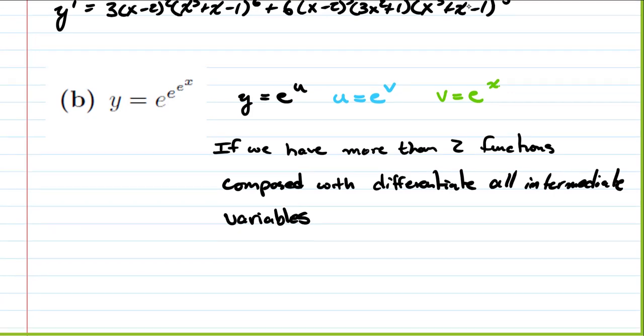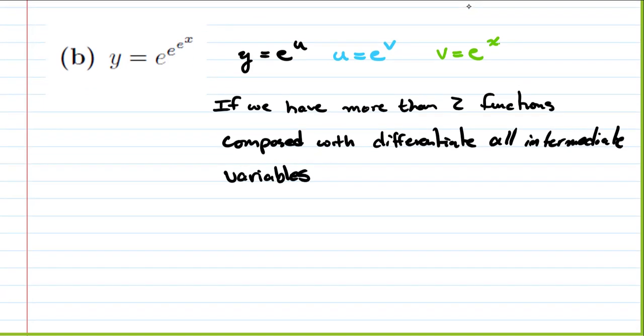So our chain this time, instead of being a 2 chain, is going to be y prime is equal to dy du, so y and u. Then the next thing that chains together is u and v, so du dv. And then we chain our next one together, which is dv dx.